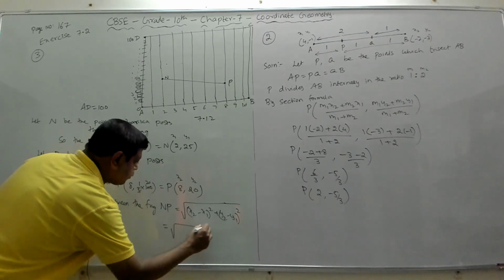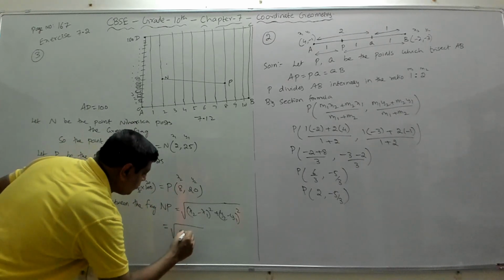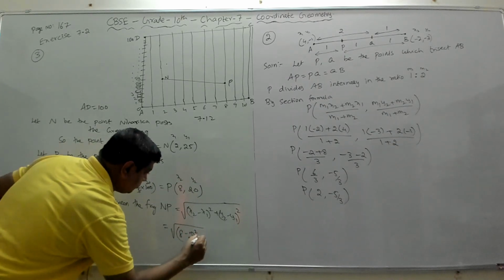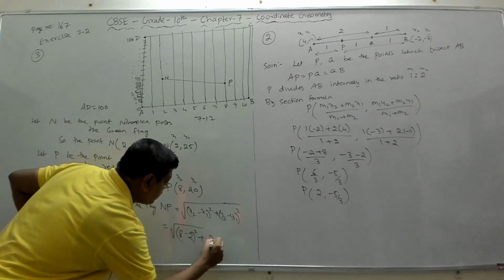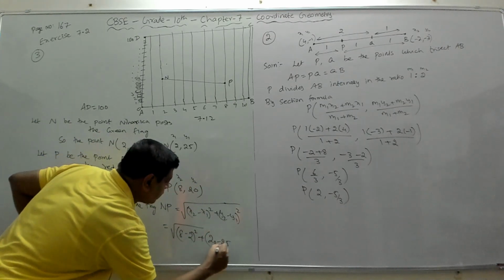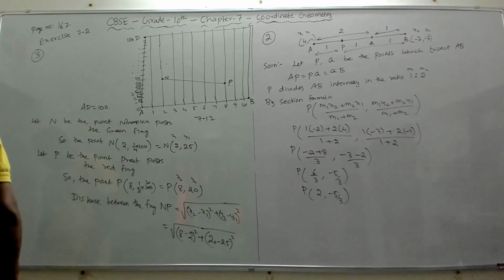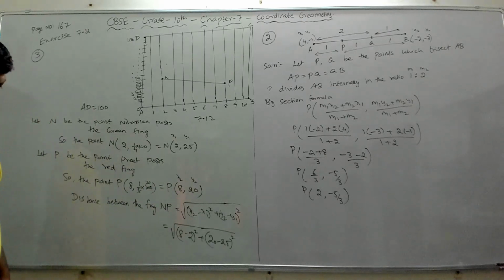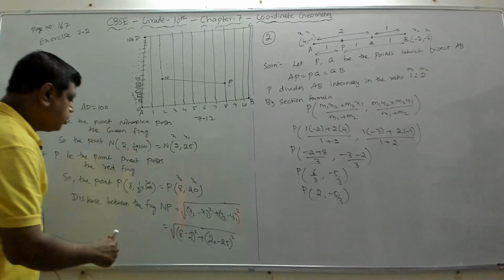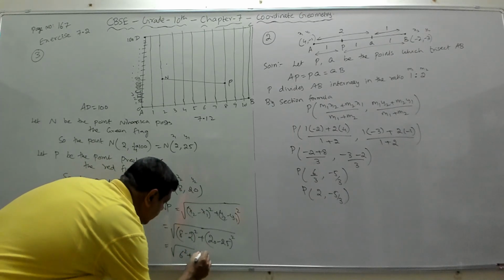Now let's substitute that. Square root of x2, which is 8, so 8 minus 2 the whole square plus y2 minus y1, so 20 minus 25 the whole square. If you simplify this, you get square root of 8 minus 2 is 6 square plus minus 5 the whole square.